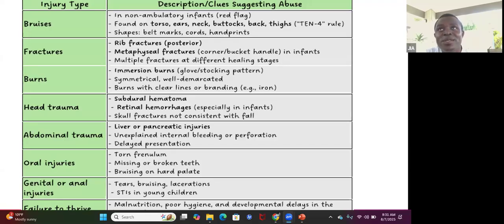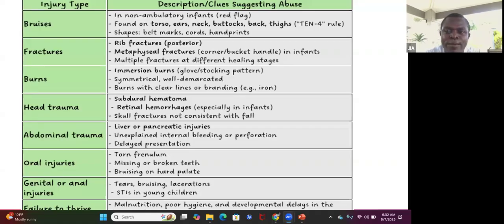Maybe the child is wearing torn clothes, dirty clothes, and all of that. Anything describing poor hygiene should also be one way to suspect neglect, and it's also one form of abuse.